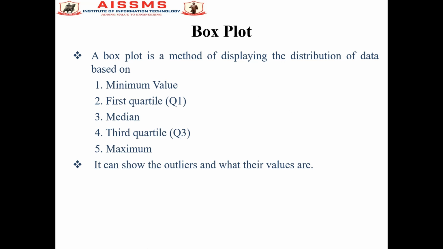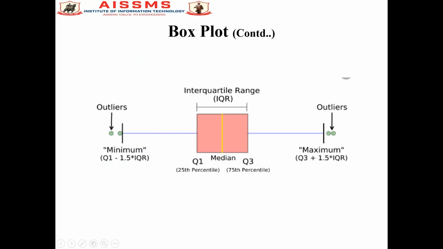Then the box plot. We have seen the box plot for finding outliers in data points. A box plot is a method of displaying the distribution of data based on the minimum value, first quartile, median, third quartile and maximum. It can show the outliers and what their values are.